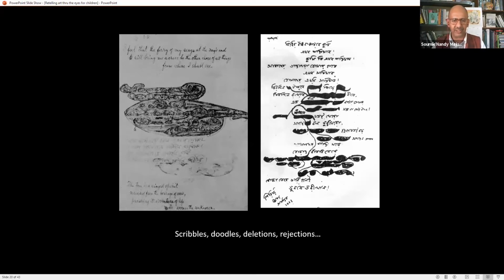Have you forgotten that in yours, we all do in our class, sometimes we do some scribbles and doodles on our exercise books. So I said, but can you understand what exactly are these forms? And they would say, no, even Rabindranath did not know what exactly he was doing.